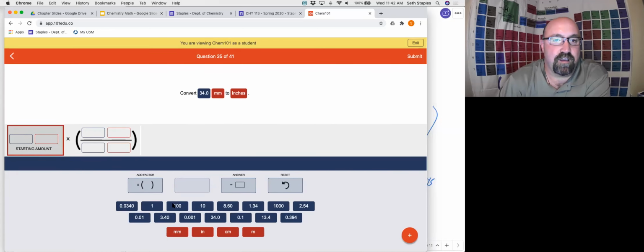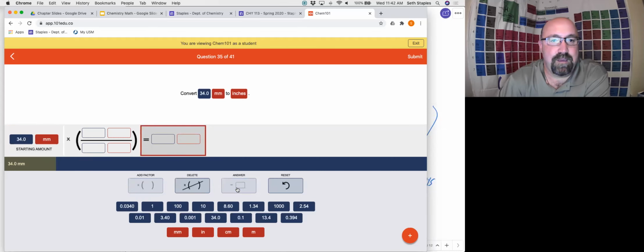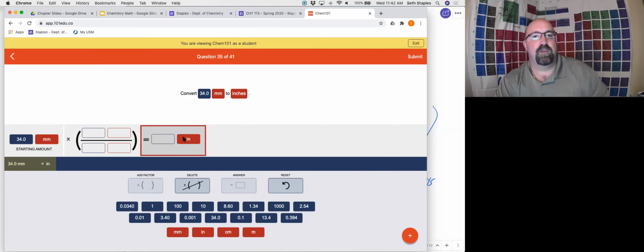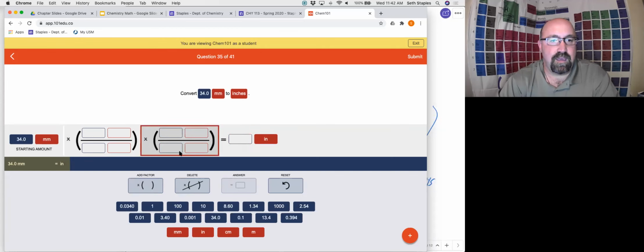We're going to put in our starting amounts here. So we're starting with 34 millimeters. Again, I find that it might be helpful for you to put in at least the units of what we're looking for, so you're kind of keeping track. So we need to go over to inches. Like I said, we can even add it in here if it's helpful at this point, because we do know a conversion to go between centimeters and inches.